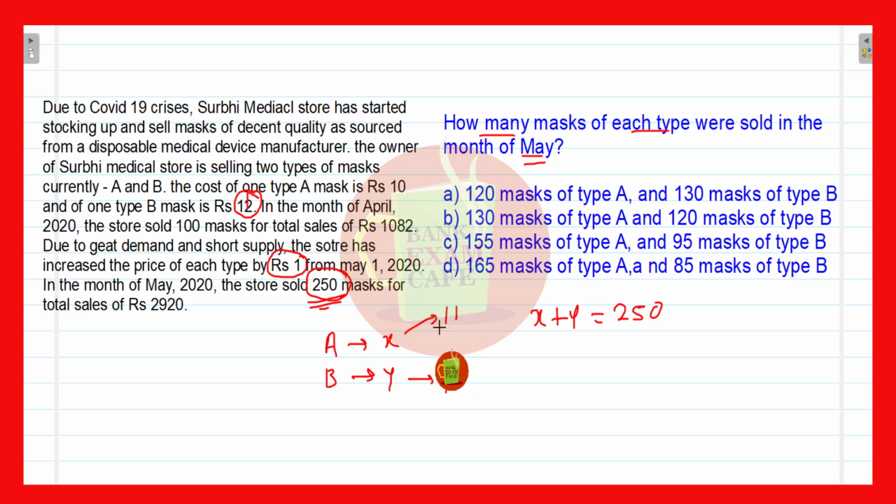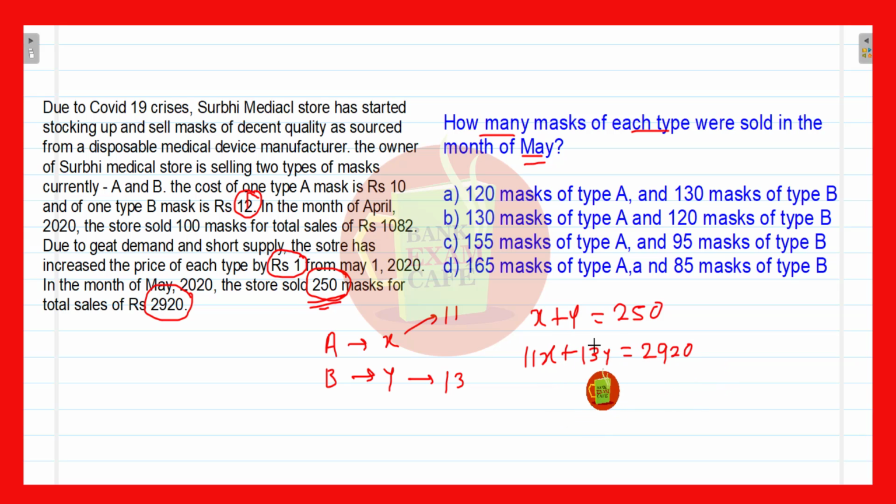So the cost of A type of mask will be 11 into X, that is 11X, plus the cost of B type of mask, 13 into Y, that is 13Y, and the total cost is given as 2920, so 11X plus 13Y is equal to 2920.